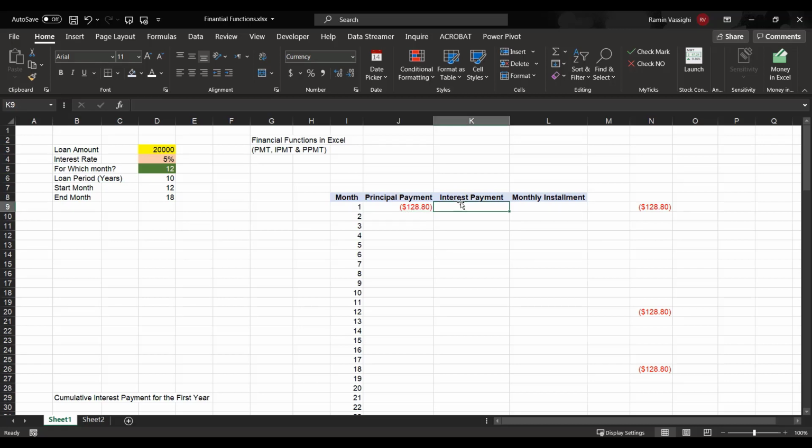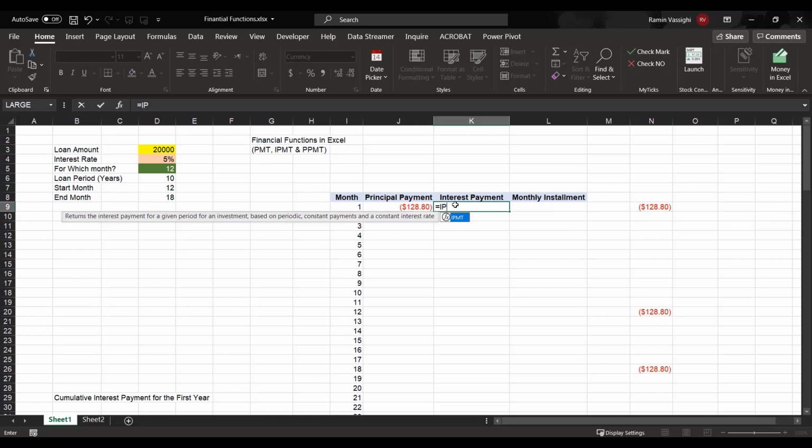Next will be your interest payments. For interest payment, same thing, equal sign IPMT. And IPMT is running the exact same formula as what PPMT is.